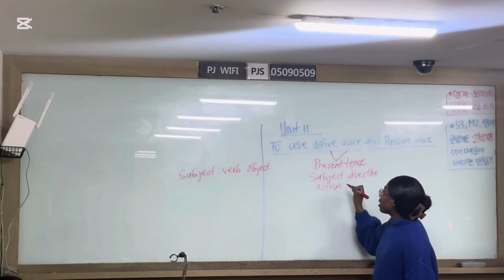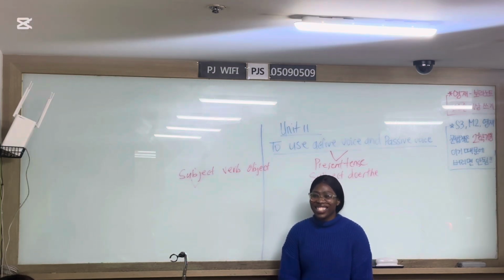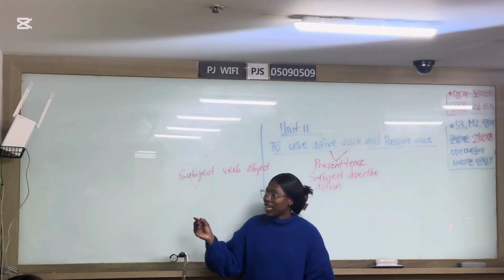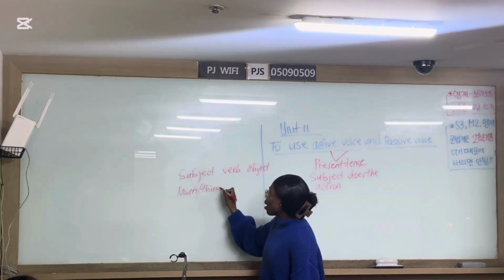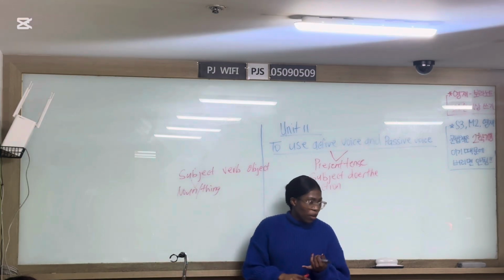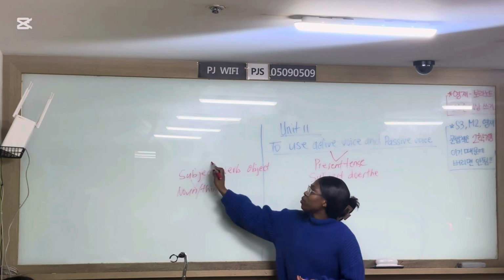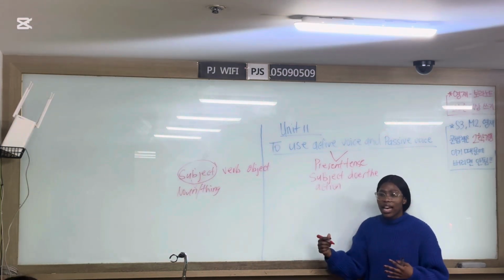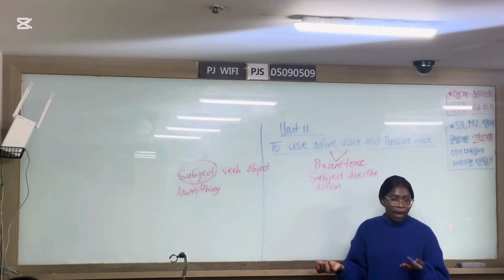Can you guys remind me what is a subject in a sentence? It's something or someone. It can be a noun or a thing. Remember, a noun is the name of a person, something, or a place. So a subject does the action. Active voice tells us what is being done by someone or something.